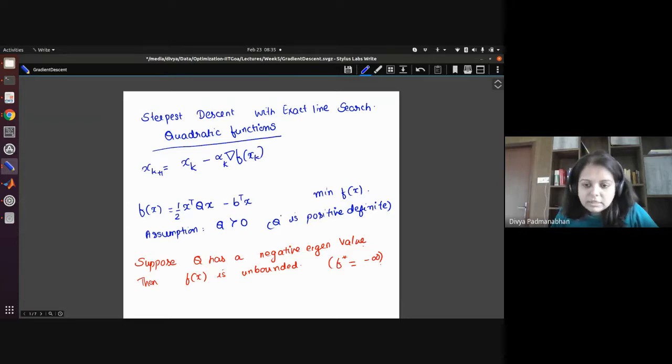You remember that a matrix is positive definite if all its eigenvalues are positive, right? So suppose it has a negative eigenvalue, then f(x) can become unbounded. Do you have any guesses or an understanding why this could be so?